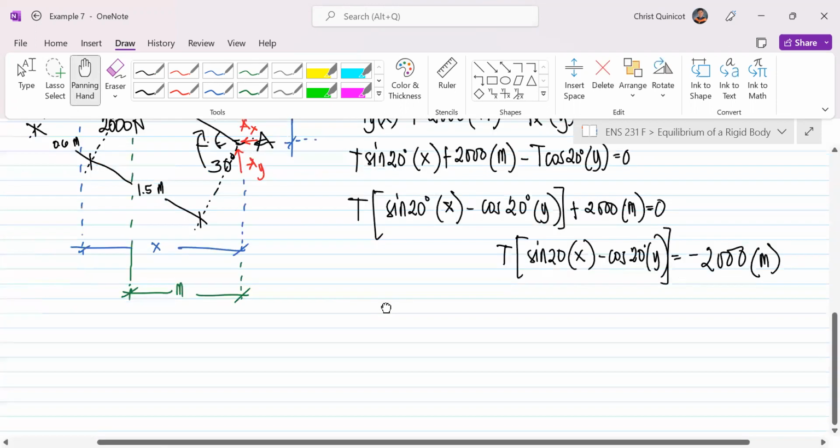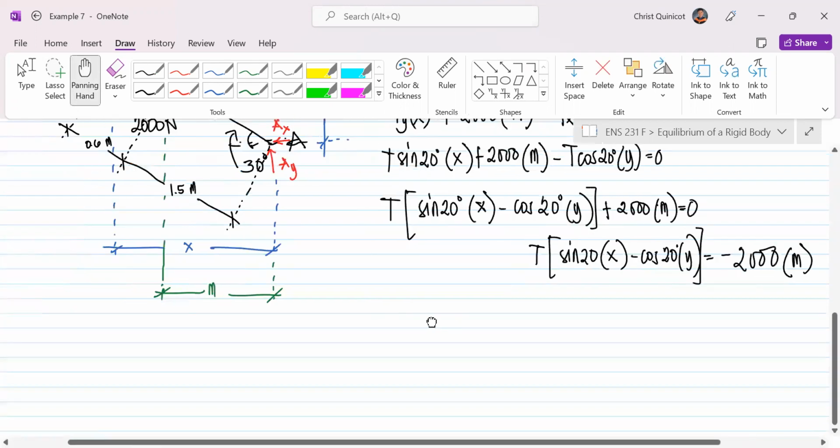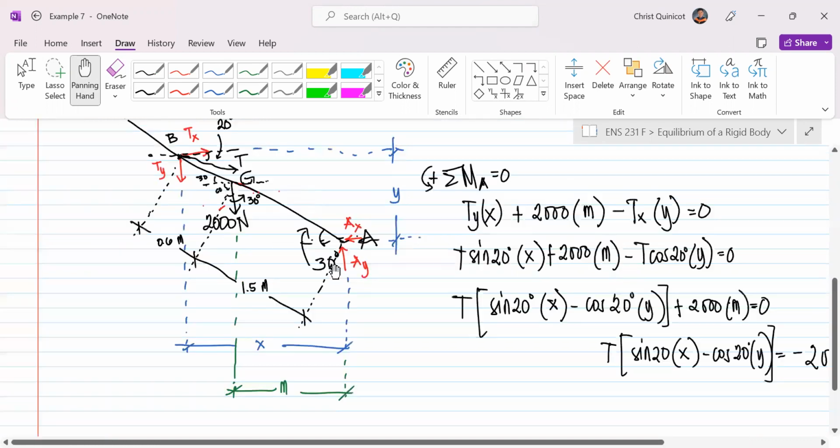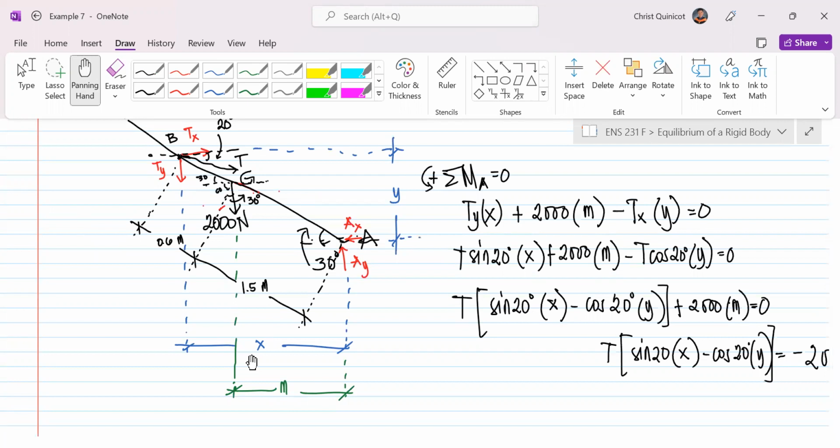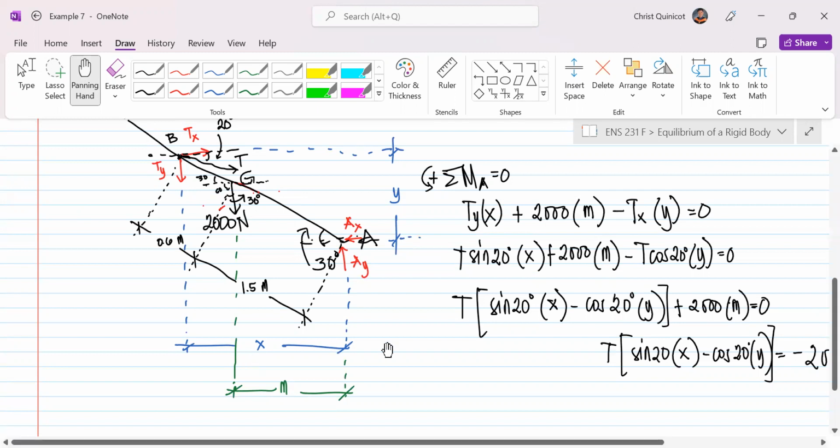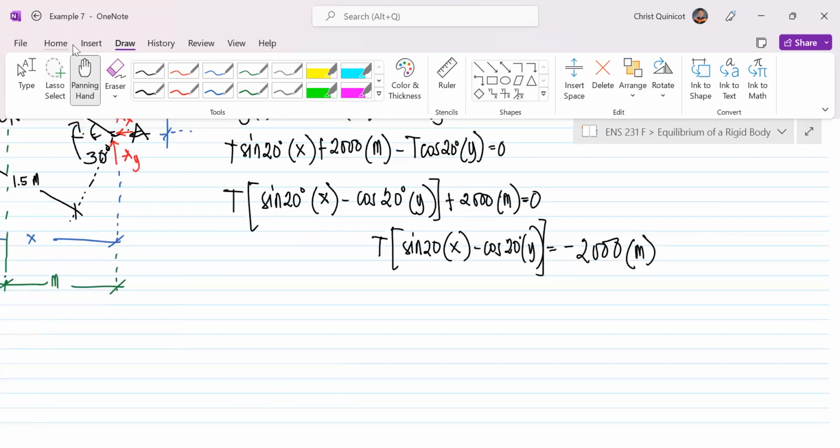Now, for our X, Y, and M, take note that our structure is inclined 30 degrees from the horizontal. So therefore, for our X, which is color blue, that is 1.5 plus 0.6, which is 2.1, and its x component is 2.1 cosine 30 degrees. So we substitute that here.